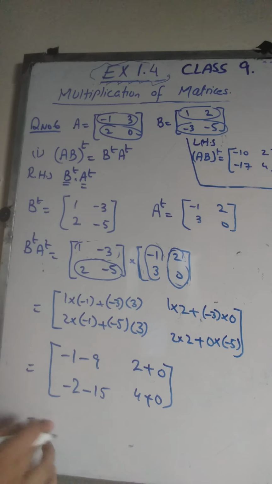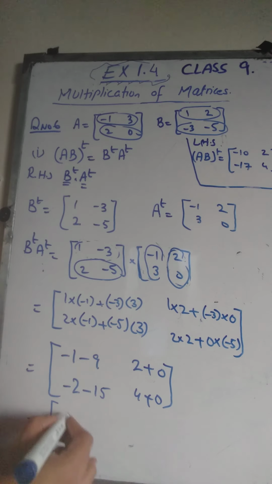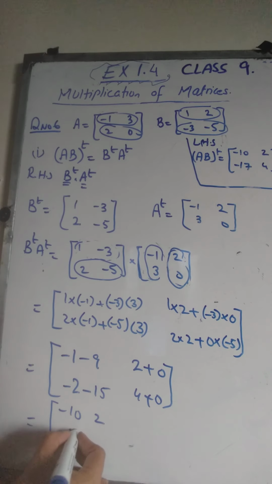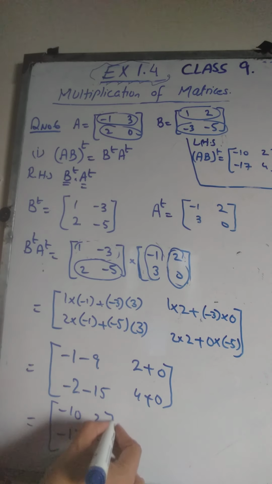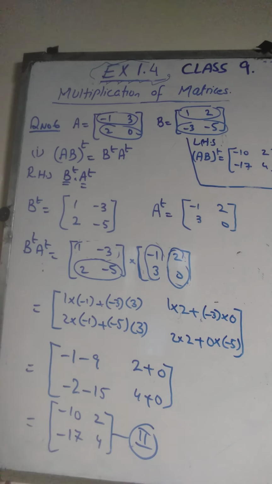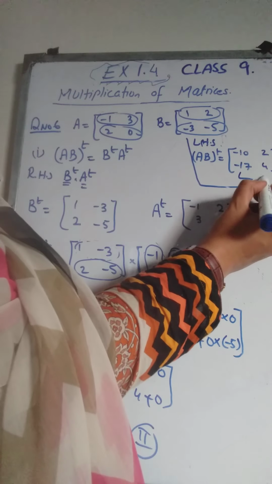So the answer is -10, 2, -17 and 4. Now this is the answer of the right hand side, and this was the answer of the left hand side.